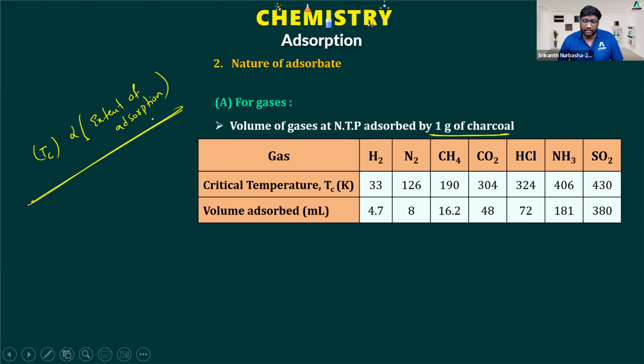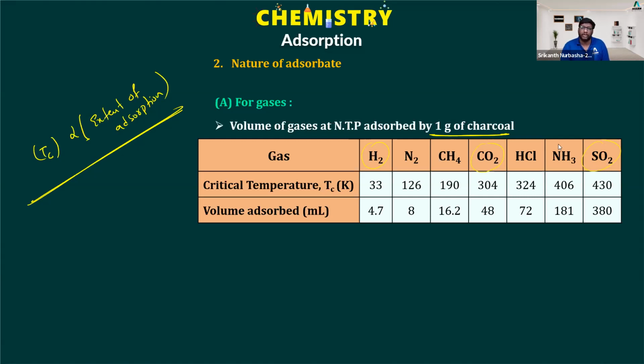Critical temperature is high means the tendency to liquefy is high. If the tendency to liquefy is high, obviously more will be the extent of adsorption. So you can understand from the critical temperature. If critical temperature is not given to you, if gases are directly given to you, like H2, CO2, and SO2, how can you explain?